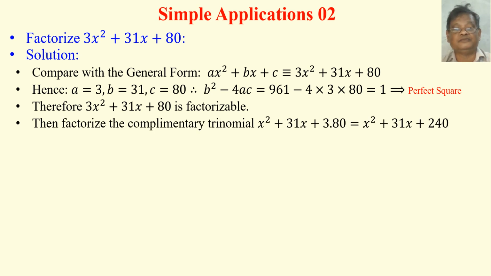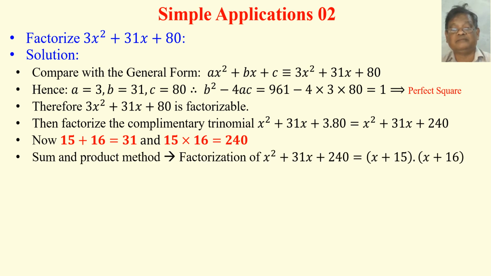Then factorize the complementary trinomial x squared plus 31x plus 3 into 80, which is equal to x squared plus 31x plus 240. Now, 15 plus 16 is equal to 31, and 15 into 16 is 240. Using the sum and product method, factorization of x squared plus 31x plus 240 gives x plus 15 into x plus 16.